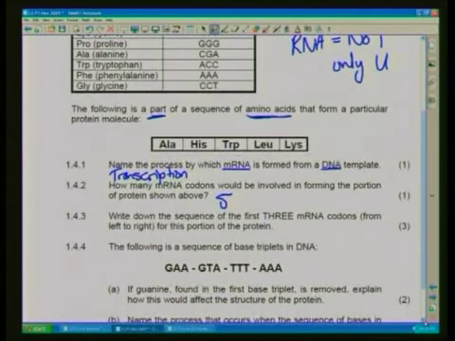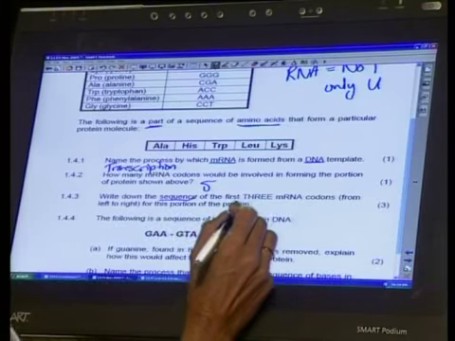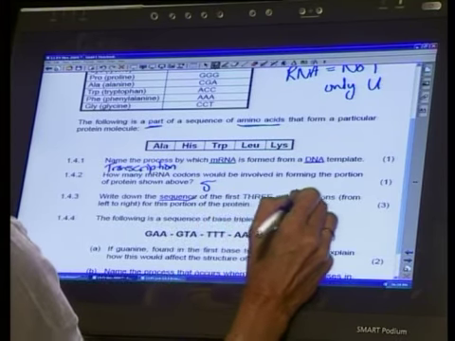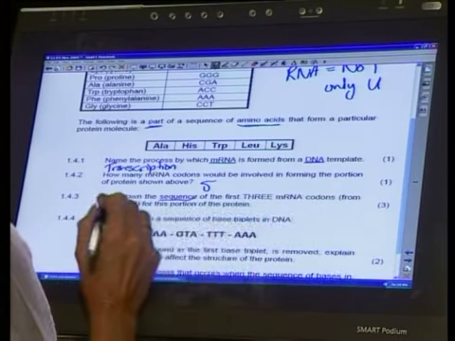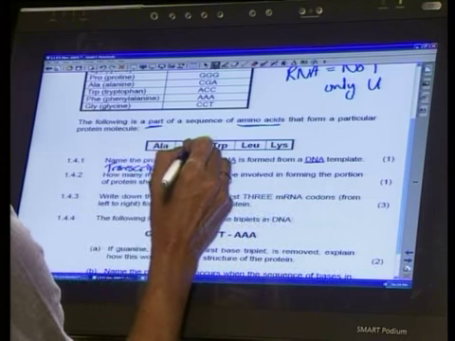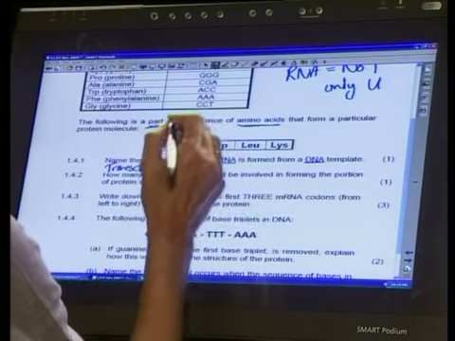Then we say, write down the sequence of the first 3 messenger RNA codons from left to right for this portion of the protein. So what they want you to do here is to write down the first 3 messenger codons. So the first three would be alanine, histidine, and tryptophan.